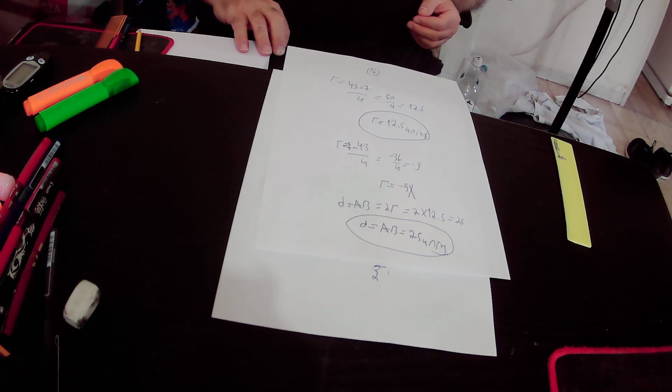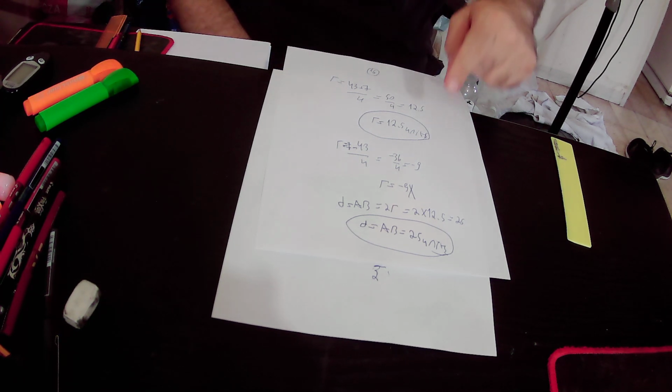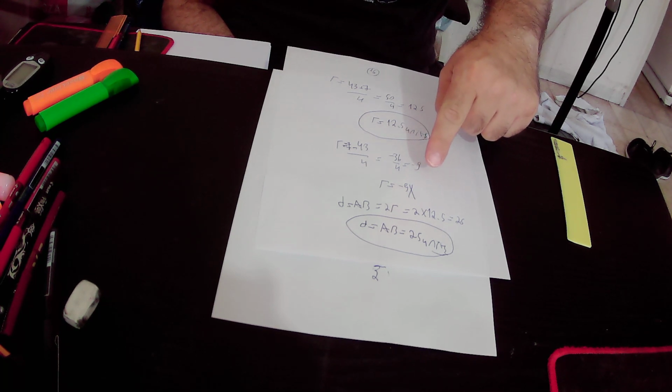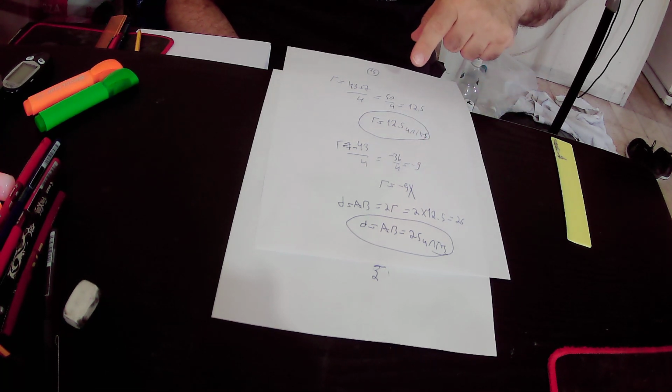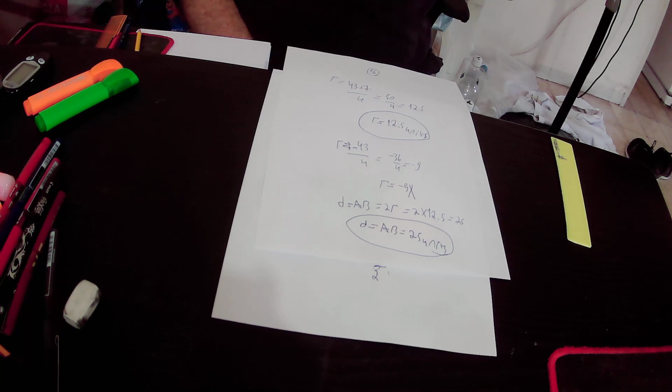But R cannot be equal to minus 9 because R is the radius of the semicircle, and it must be a positive number, so this possibility is cancelled. We are left only with the possibility that the radius of the semicircle is 12.5 units.